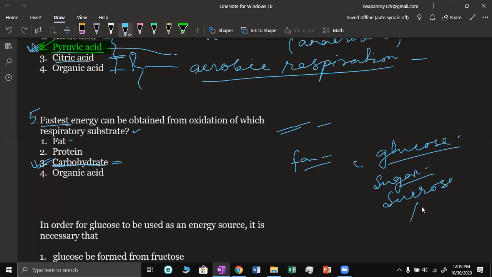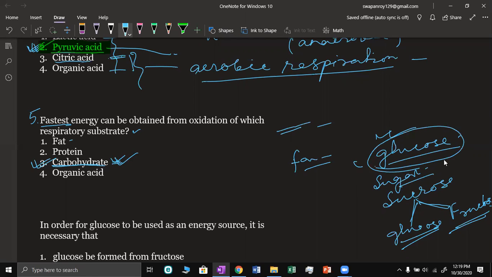And sucrose breaks down into glucose and fructose, and they give instant energy because it is very fast. It is oxidized and gives energy, glucose. So fastest is carbohydrate, and if it is in the form of glucose, our energy drinks are usually glucose, like Glucon-D, etc. Next question.